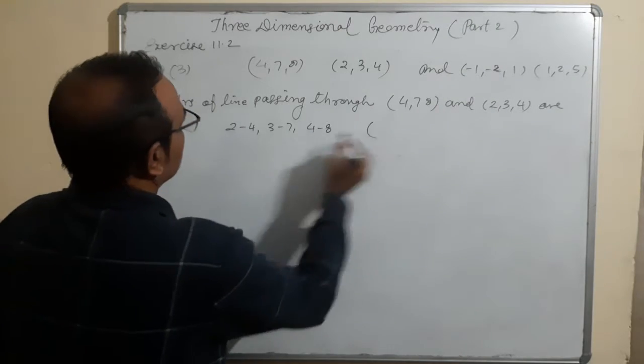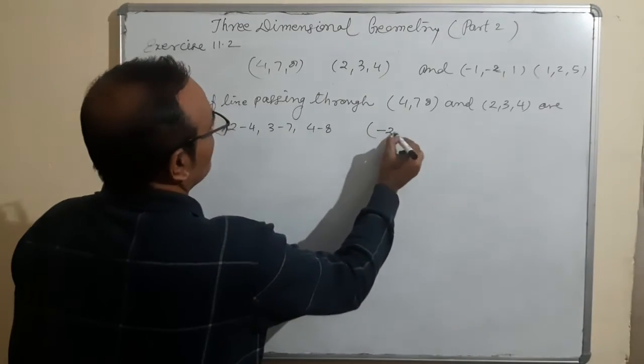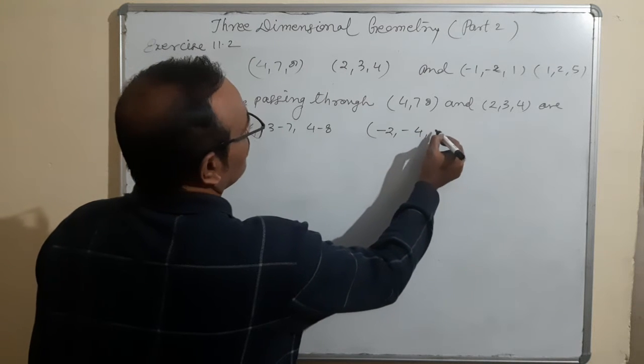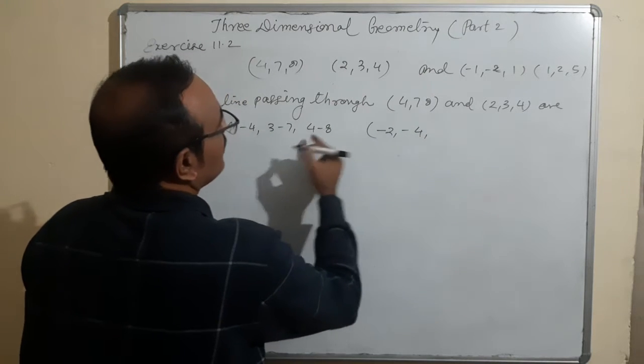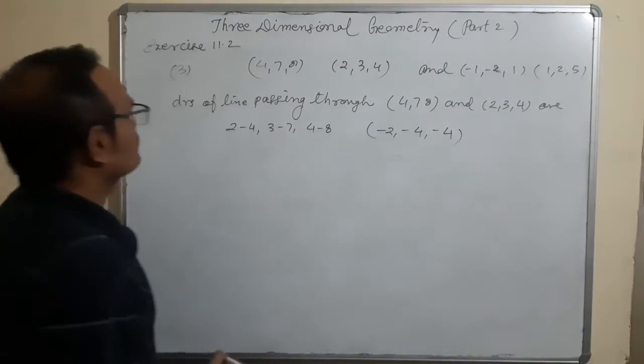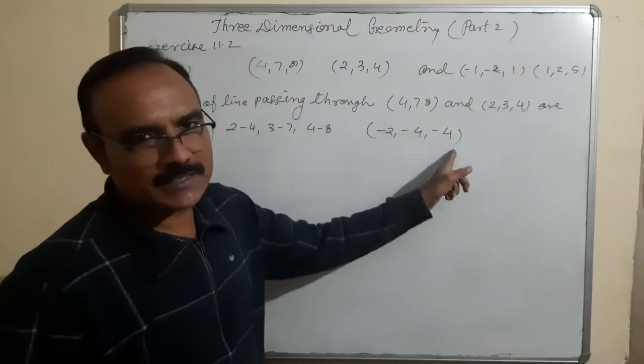That means -2, -4 and -4. This is the direction ratio of the line passing through these two points.